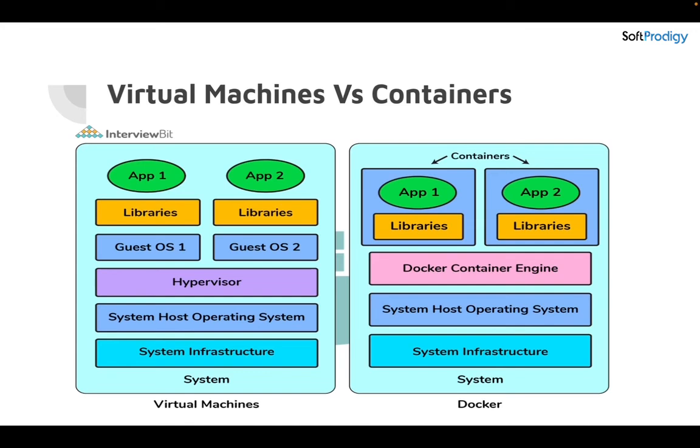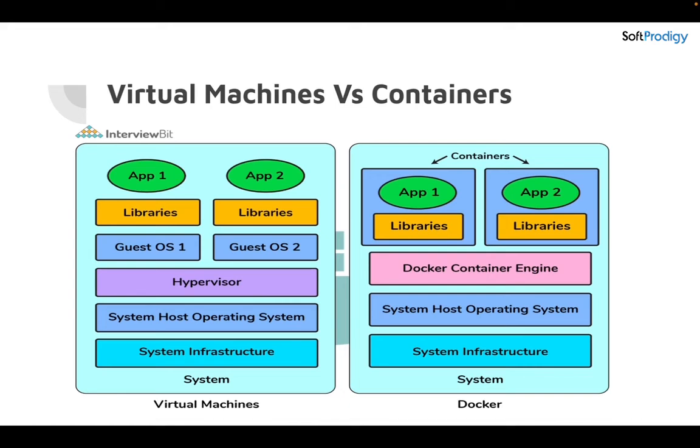So you can configure application 1, application 2, and all the dependency files required to run that application in the virtual machine. That was the previous concept we were using, microservices, to overcome the issue of running large applications. But what was the drawback?